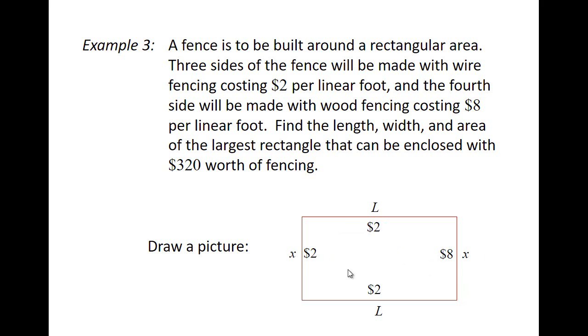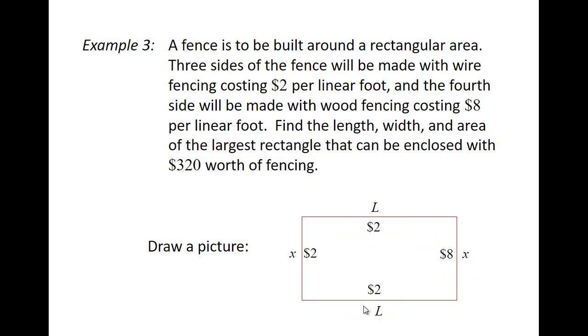So let's say that on this side we are going to use wire fencing. On this side we are using wire fencing, and on the right side here we are going to use the wood fencing. So the cost of this side is $2 per linear foot.